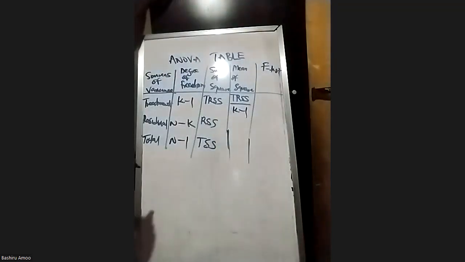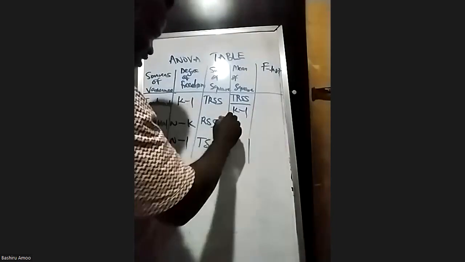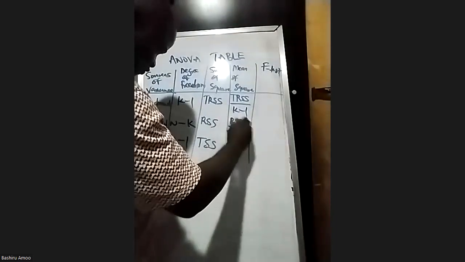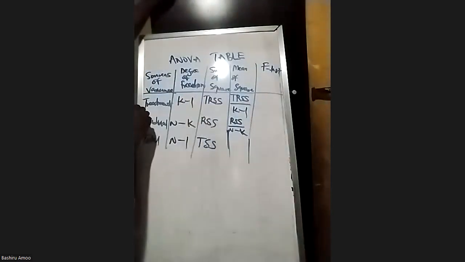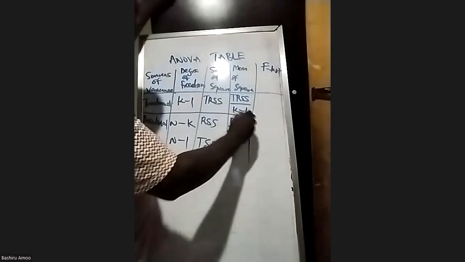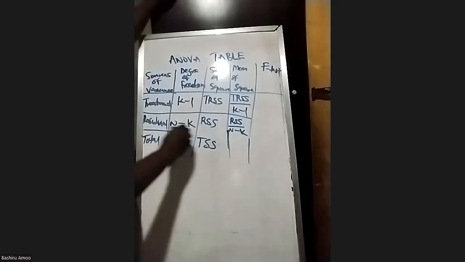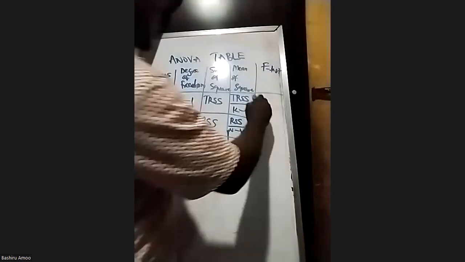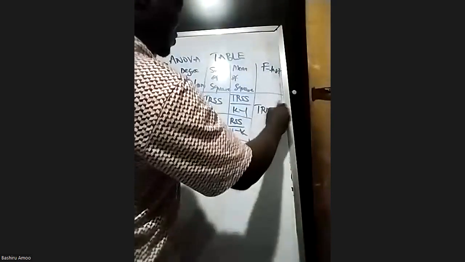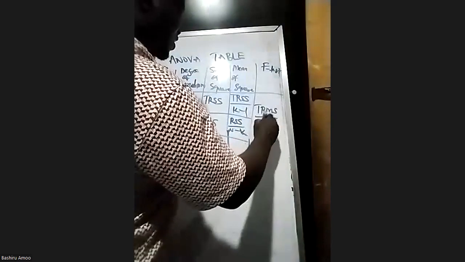For residual, it is the residual sum of square over n minus k. And the F test will now be treatment mean square all over residual mean square.